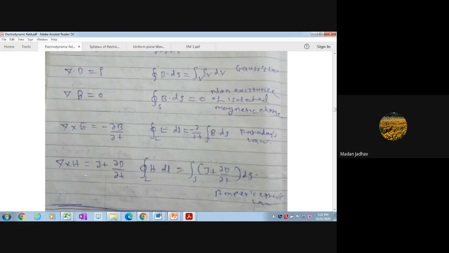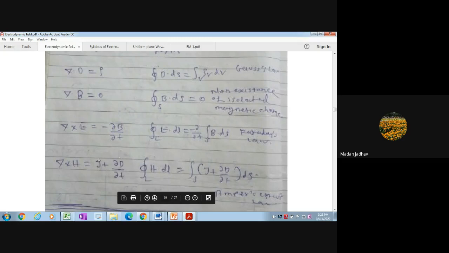Now, to understand this displacement current density, we have to take the example of a capacitor. Across the capacitor, there is electric flux inside the dielectric, and because of this some displacement current is there, and hence there is a displacement current density, given by the equation dou D by dou t.